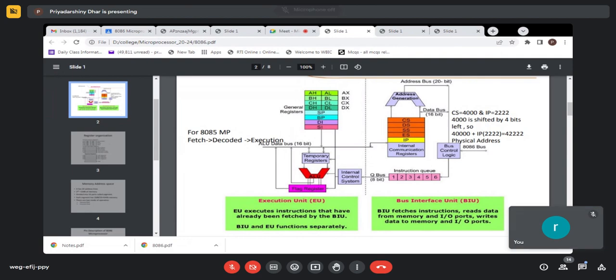This kind of overlapping operation is called pipeline. Exactly.